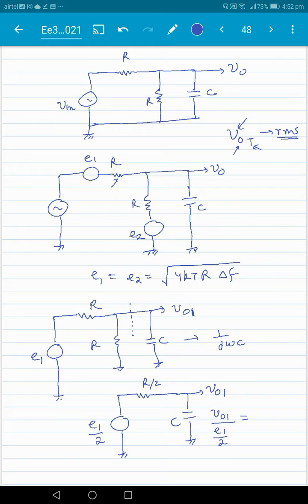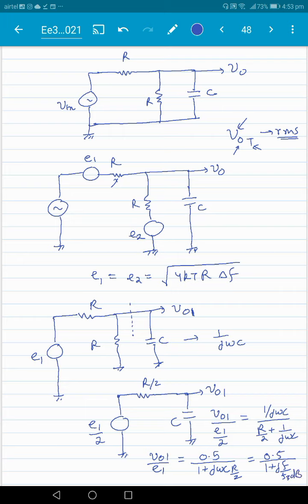So the transfer function of this, basically from here to here, will be equal to 1 over j omega C by (R by 2 plus 1 by j omega C). And so V01 by E1 will be equal to 0.5 over 1 plus j omega C R by 2, or we can write it as 0.5 by 1 plus j f by f3 dB.